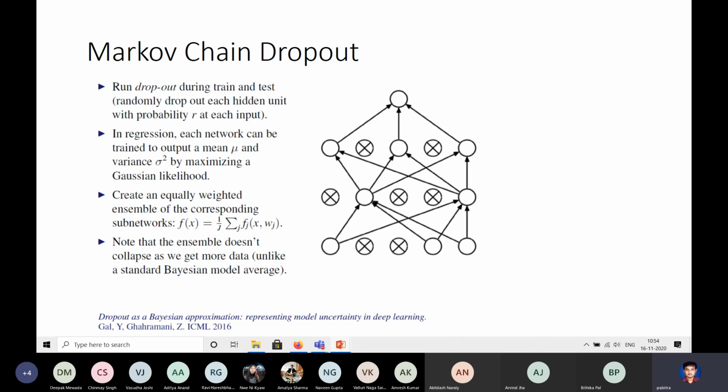I have silenced this node, and this is a particular network. I have silenced another set of nodes, I get another network, and these are my possible models.